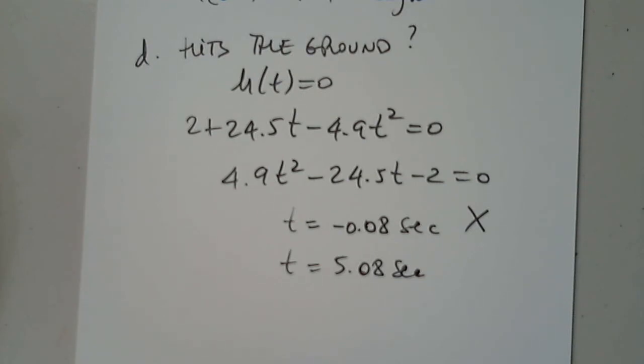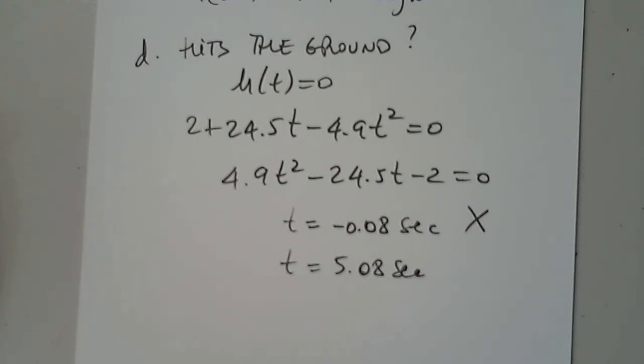And also, I want to put the function in, which was 2 plus 24.5t minus 4.9t squared, and I want to put in 2.5.